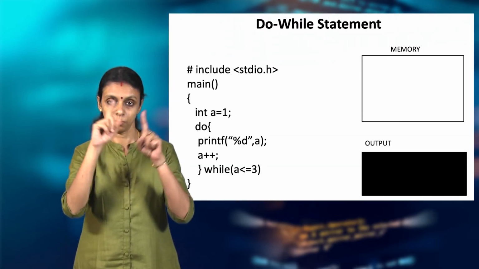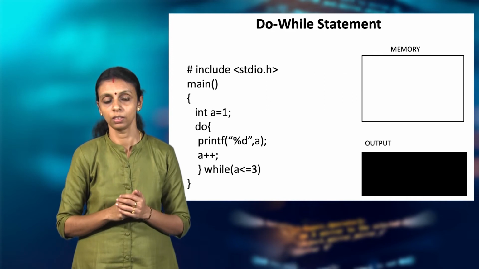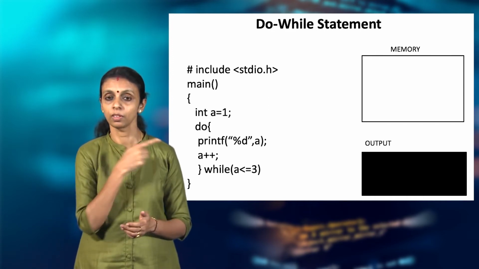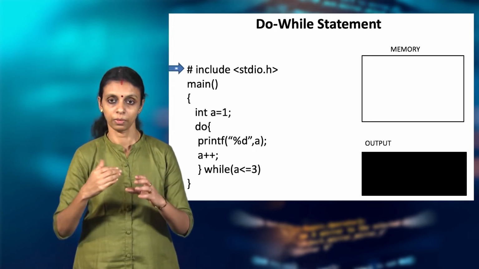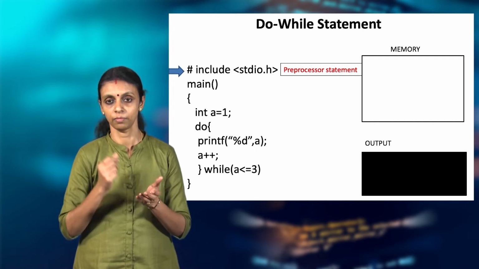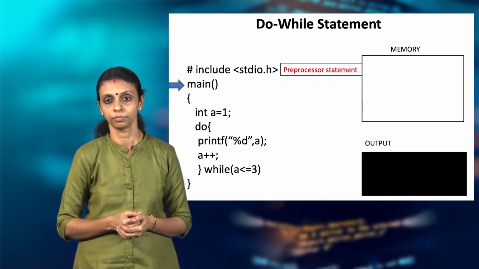Consider the example program printing first 3 natural numbers. Let us see how it runs. Preprocessor statement. Main function, program execution starts here.